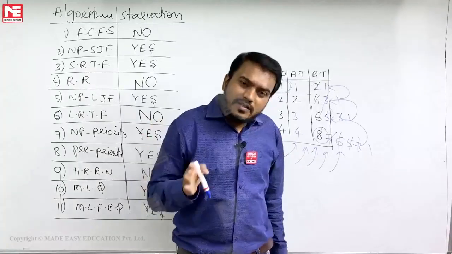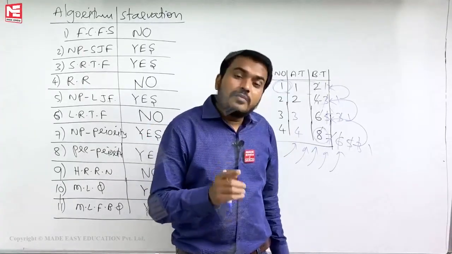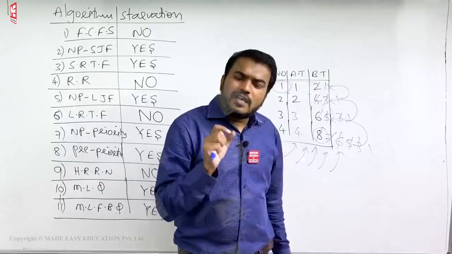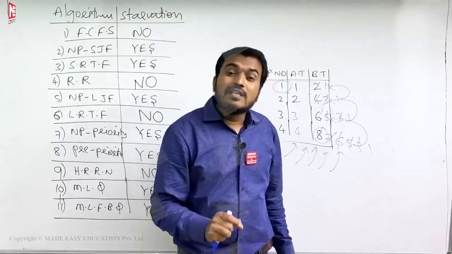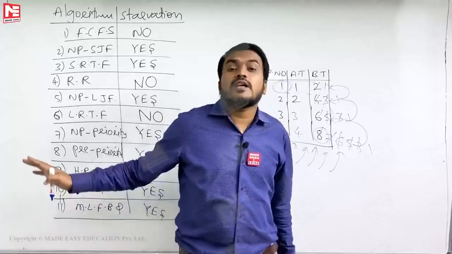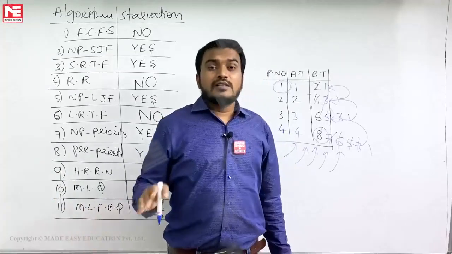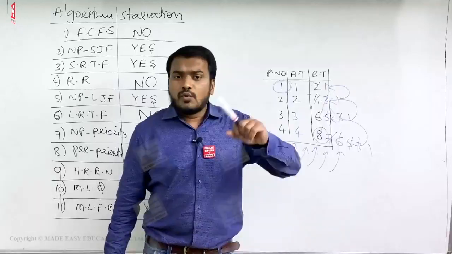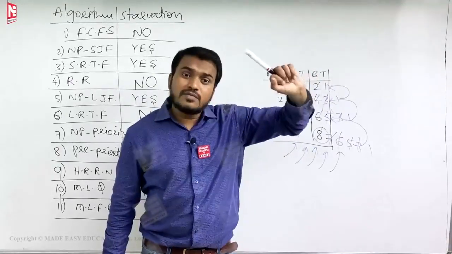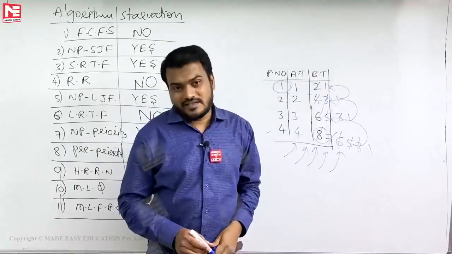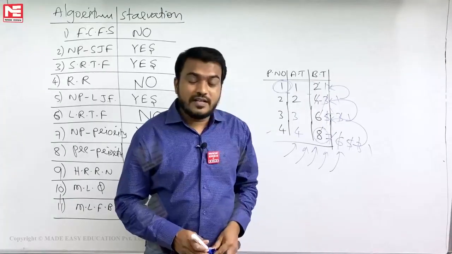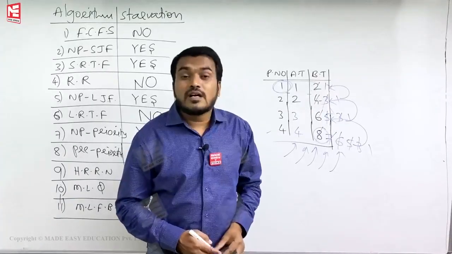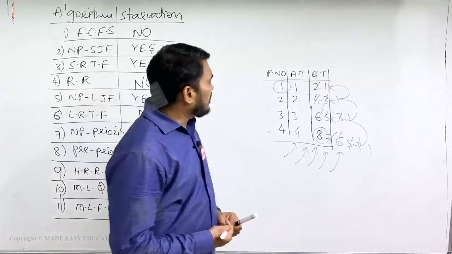So even if new processes keep coming, what will happen? Some time or the other the memory will definitely be full. Once the memory is full, new processes will stop coming. Once the memory is full, the new processes will not come into the system. Then what happens? The old process, the first process which came, that will execute first. Is the point clear for everyone? So that is the reason there is no starvation in the longest remaining time first.